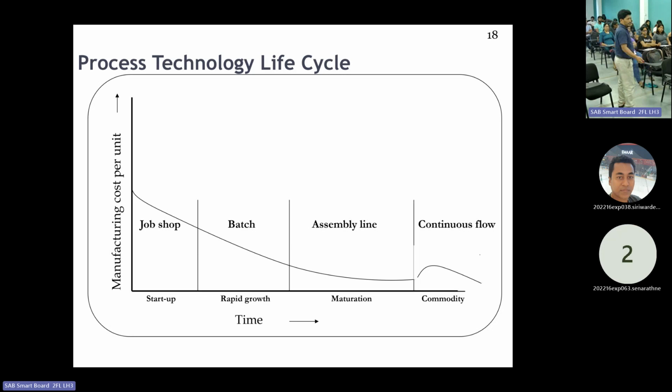And some industries will be able to deploy continuous processes as well by automating the processes, only if the demand sustains for a very long time and demand is at a higher level. Initially the capital investment would be high, but gradually they will be able to further reduce the price. That is what we call process.